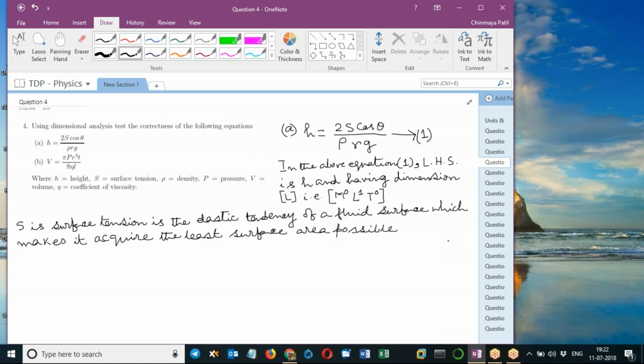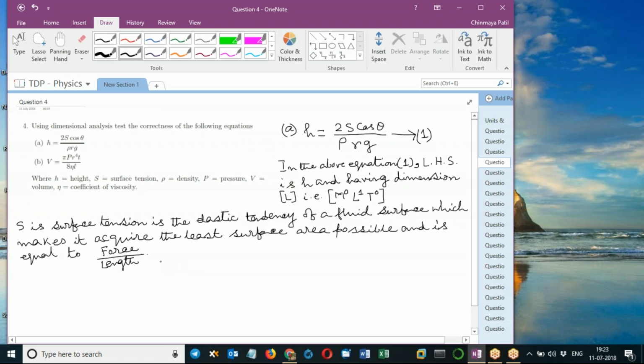And it is equal to force by length. What is the dimension of force?